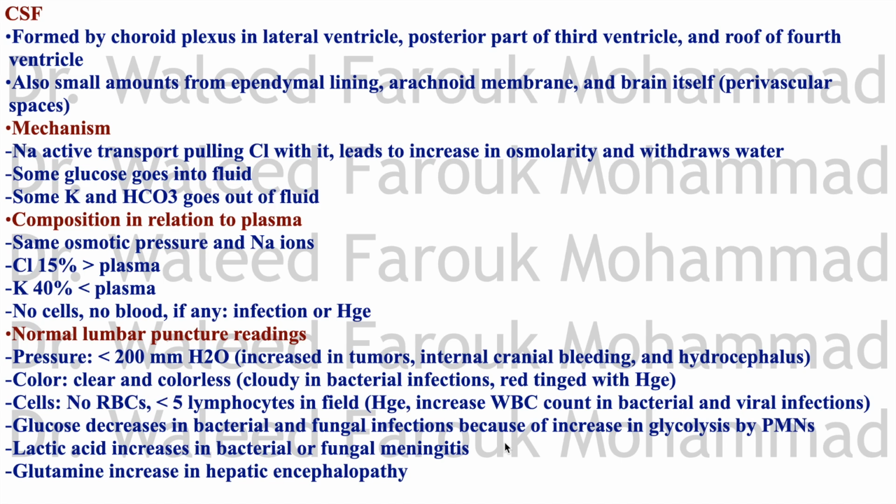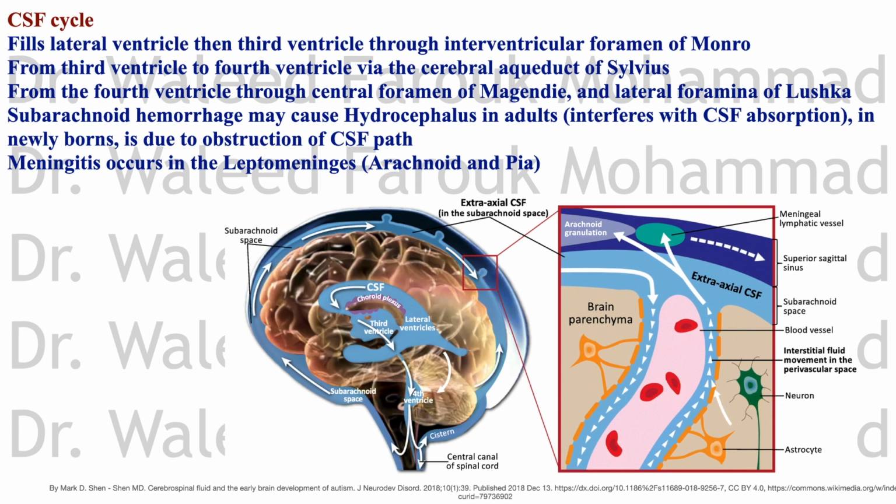Glucose decreases in bacterial and fungal infections, because it's consumed by the polymorphonuclear leucocytes attracted to the site of infection. Lactic acid increases in bacterial or fungal meningitis, and glutamine increases in hepatic encephalopathy. Okay, that was a hint about the composition of the cerebrospinal fluid.